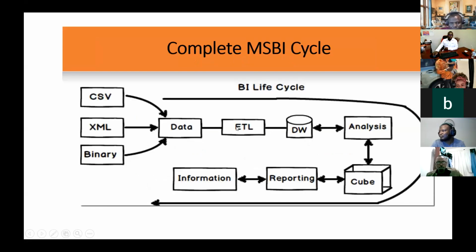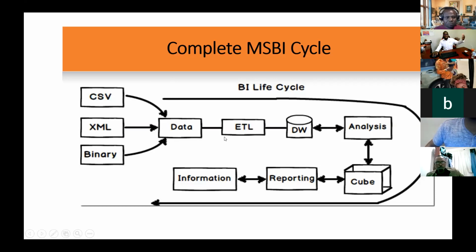Now, in SSIS, you're going to hear a lot about ETL. ETL stands for extraction, transformation, and loading. What does this mean? I'm bringing in data that is on different sources, so I'm extracting that data from different sources. Once I have it, I can then transform that data the way I want it.